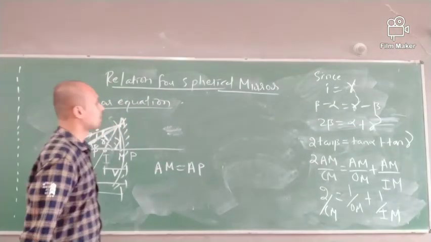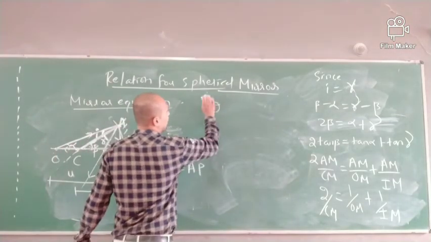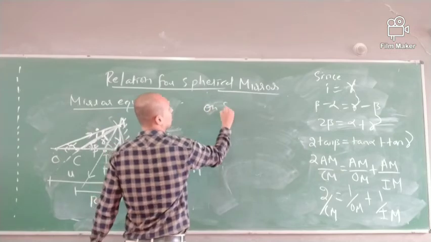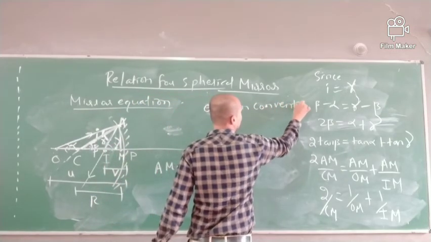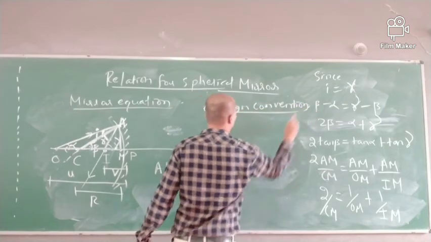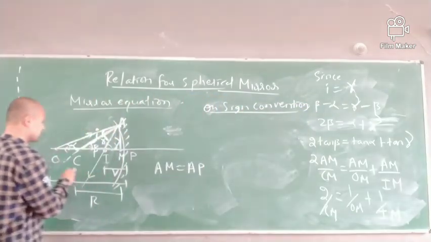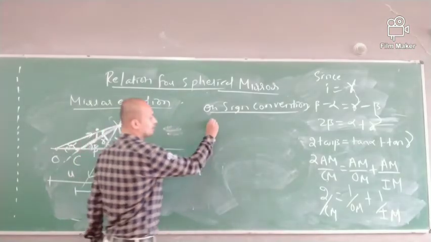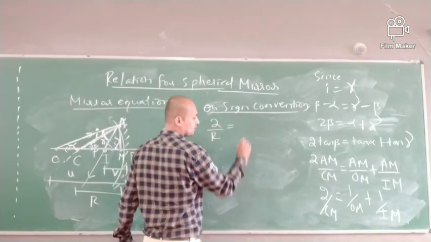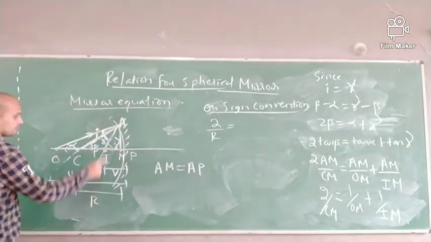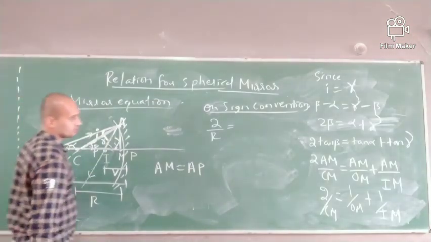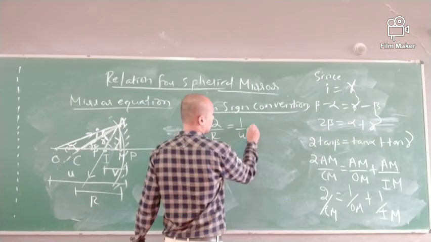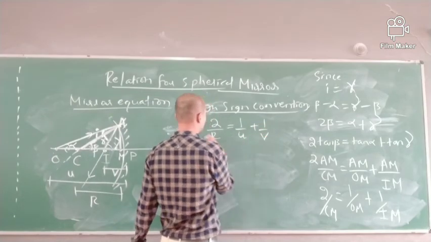You can see here, on applying sign convention, 2 by CM, what is CM? It is R. You can write 2 by R. What is 1 by OM? 1 by OM means object distance, 1 by u, plus 1 by v.